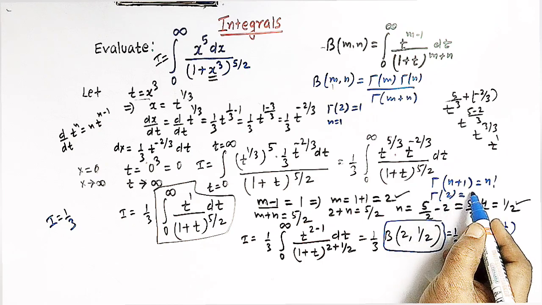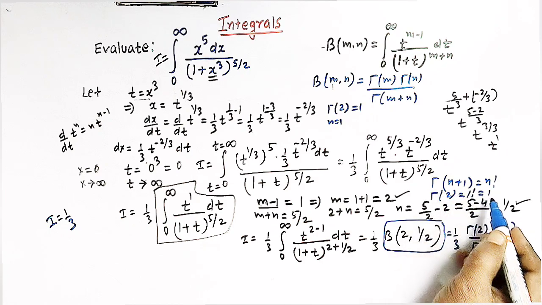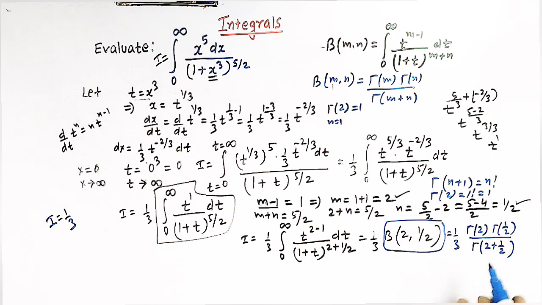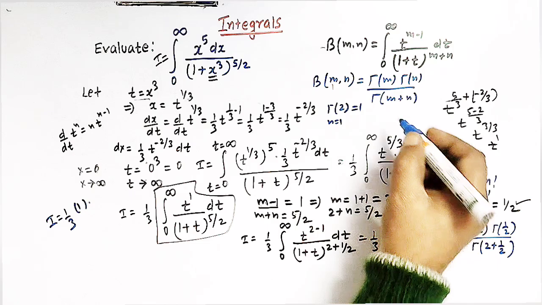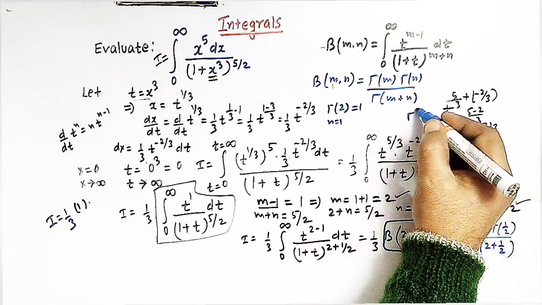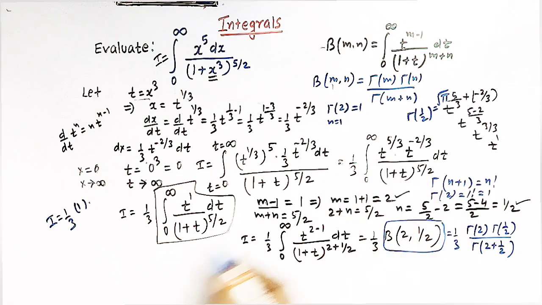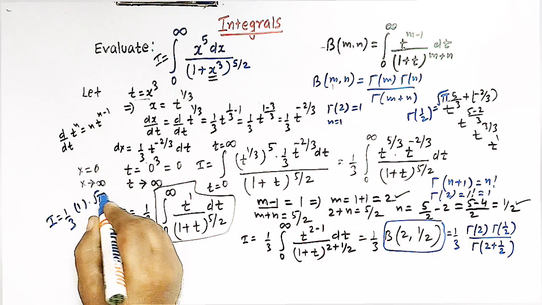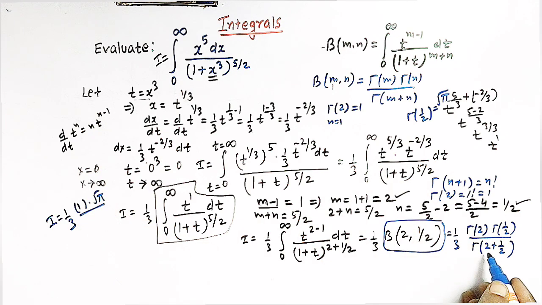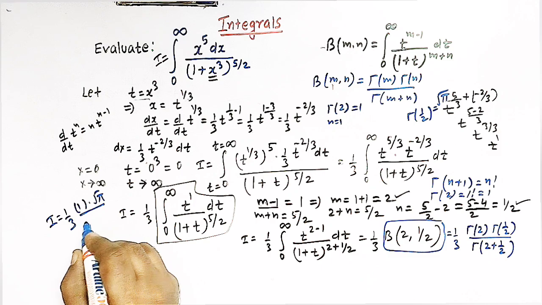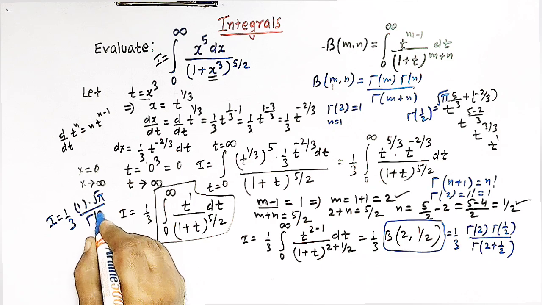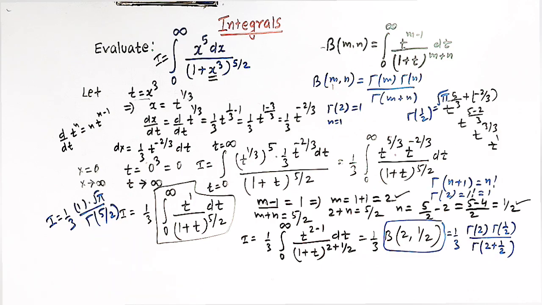So gamma 2 is 1 factorial, that is simply 1, right? And here we have gamma half. So gamma half can be written as square root of pi.